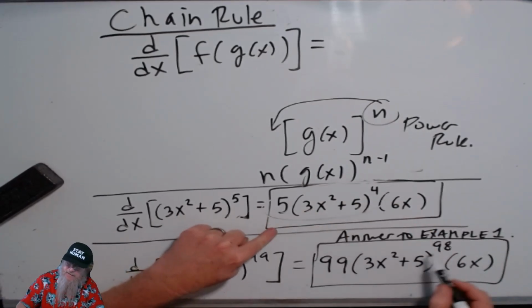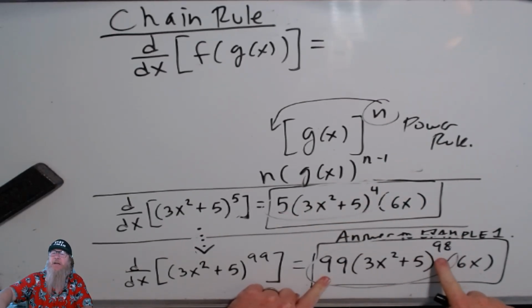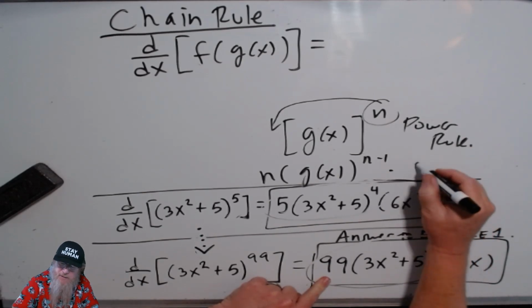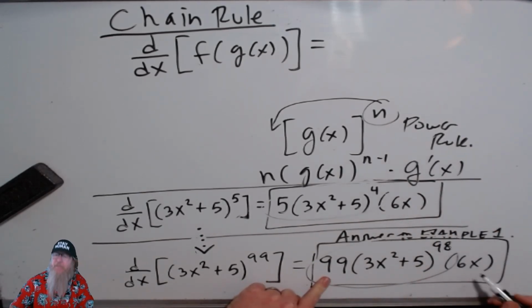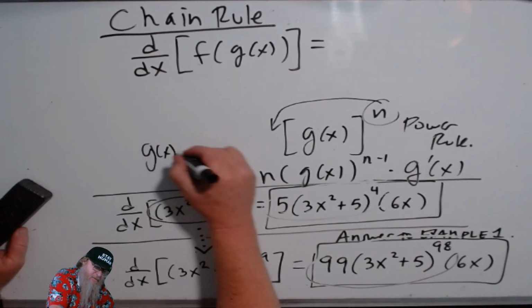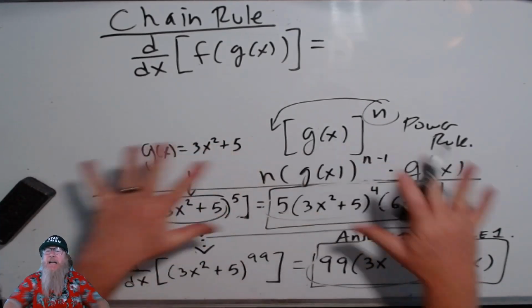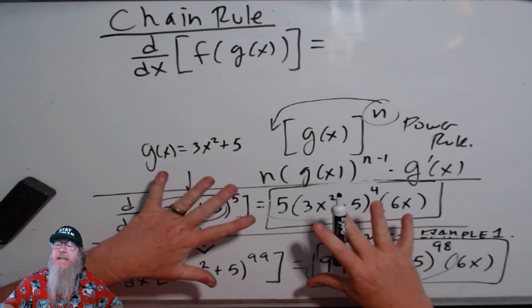That's this. You see the pattern here? It's whatever the power was multiplied in the front and then subtract 1, times the derivative of g of x, right? Where g of x was the inside here, 3x squared plus 5. So that's kind of how the rule plays itself out.